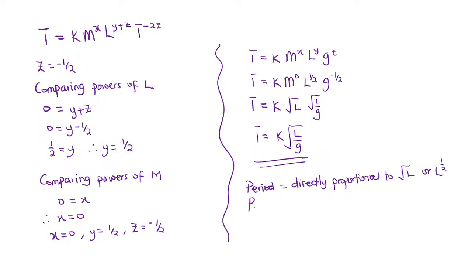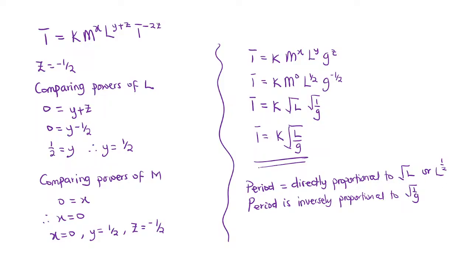And then at the same time, the period is inversely proportional to the root of g, 1 over g. Are we okay?